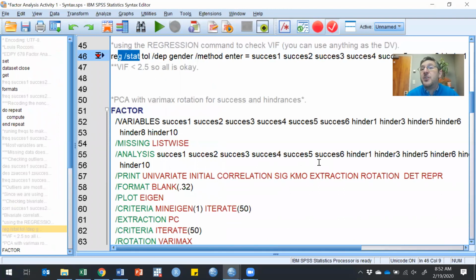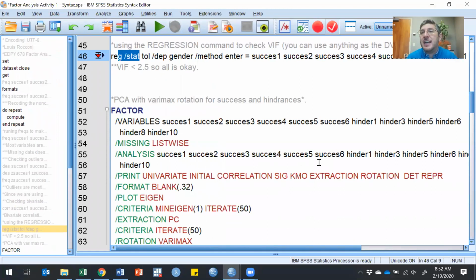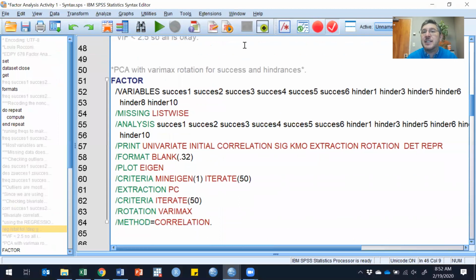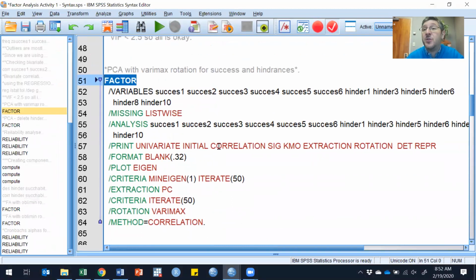So you run both a principal component analysis and a factor analysis in SPSS with the FACTOR command. The only difference between a principal component analysis and a factor analysis in SPSS is this line of code.